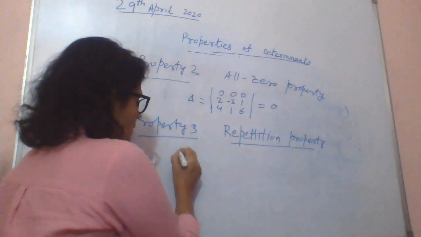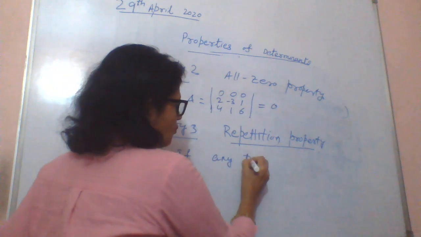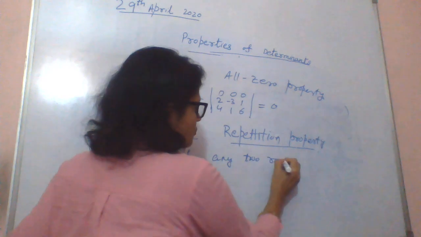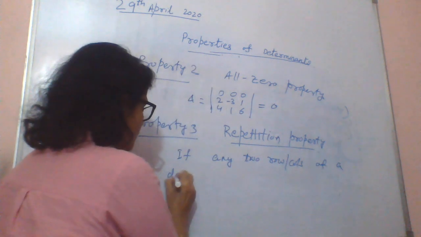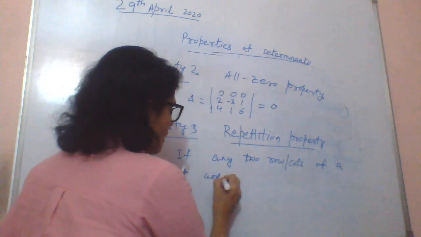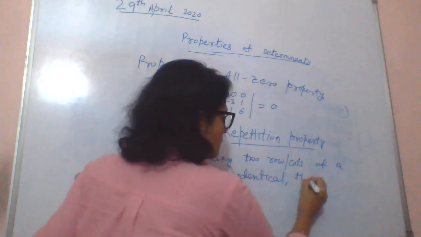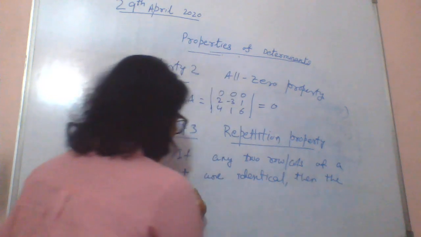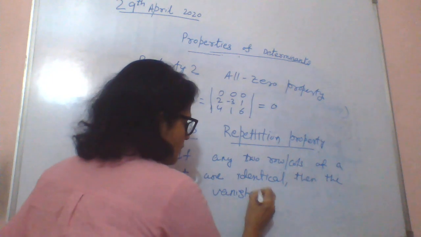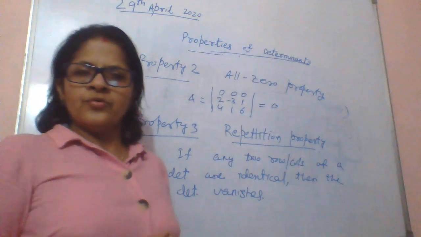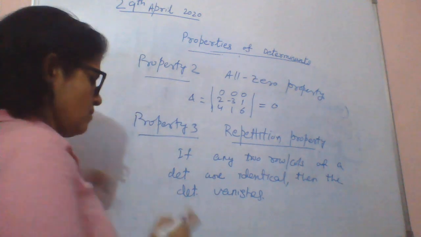It states that if any two rows or columns of a determinant are identical, then the determinant vanishes. It means if any two rows or any two columns are identical, the determinant becomes 0.